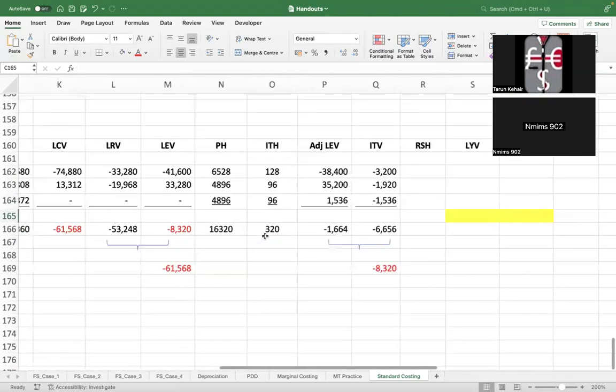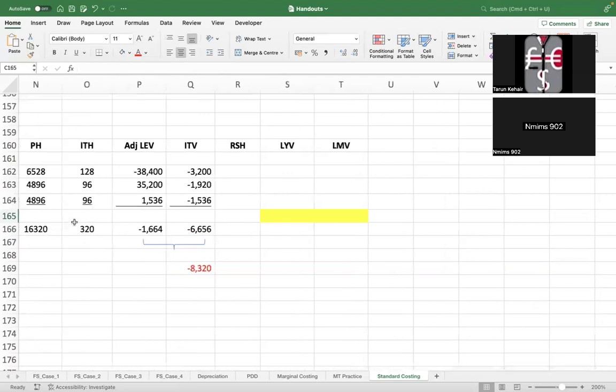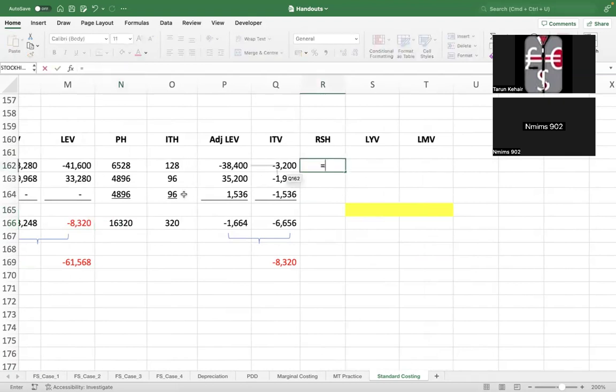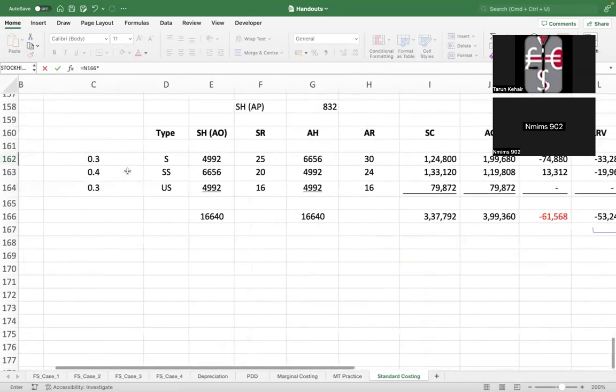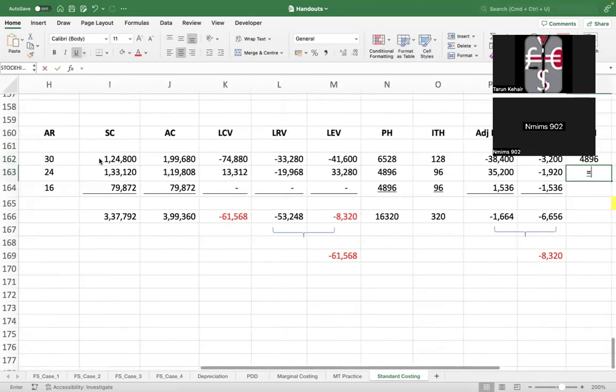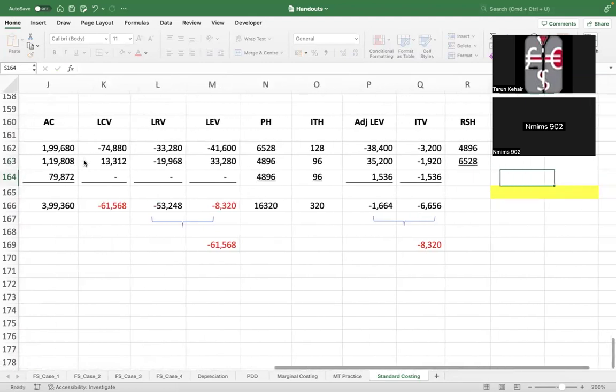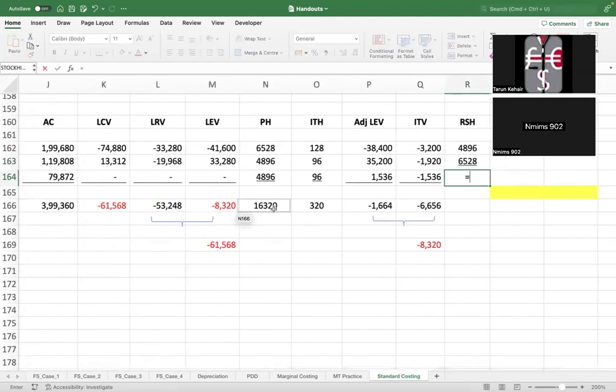अब इस proportion में हमको क्या बांटना है? Productive hours को बांटना है, which will be your RSH. So RSH will be 16320 into 0.3, very good for skilled. 16320 into 0.4 for semi-skilled, and 16320 into 0.3 for unskilled.